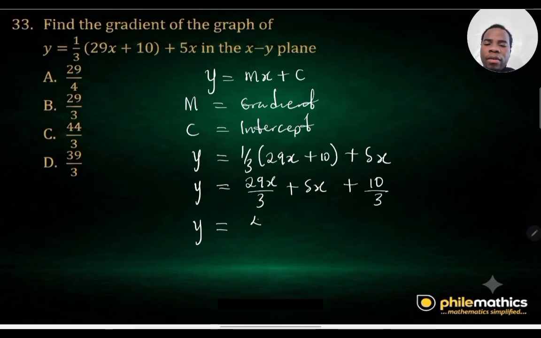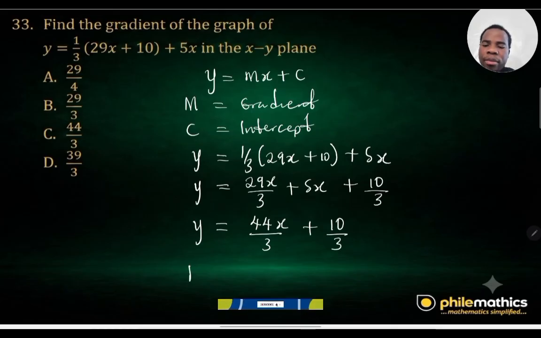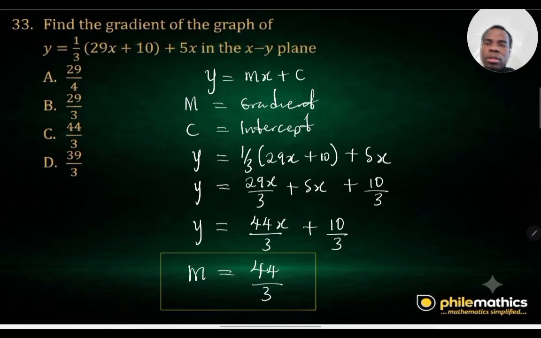That's 44x over 3 plus 10 over 3. The gradient, which is m, is simply 44 over 3. And that is c. This is the gradient of the graph given by this function.